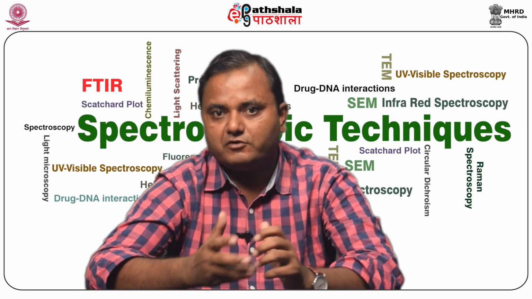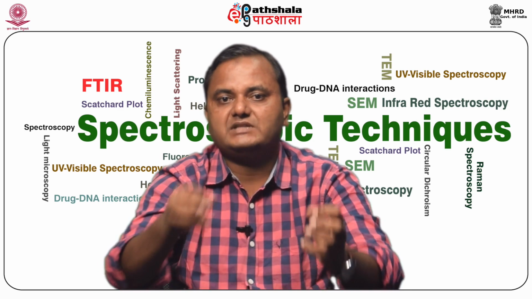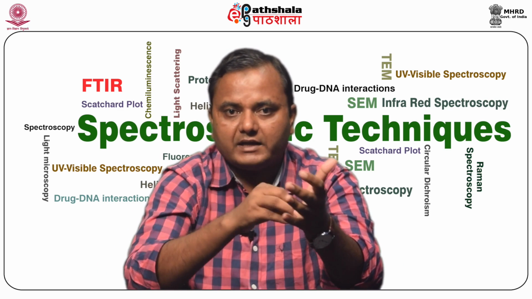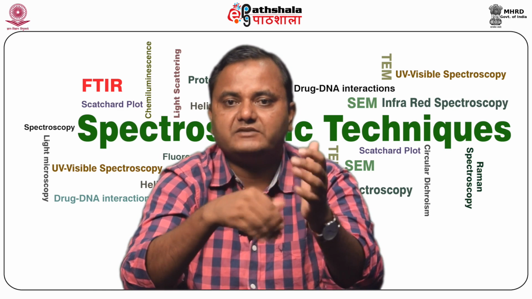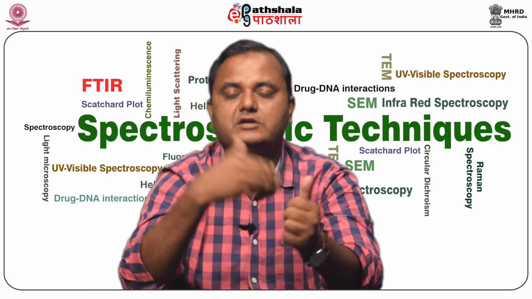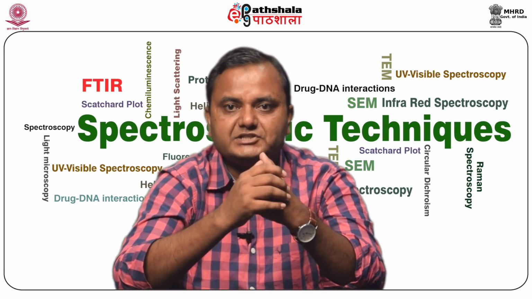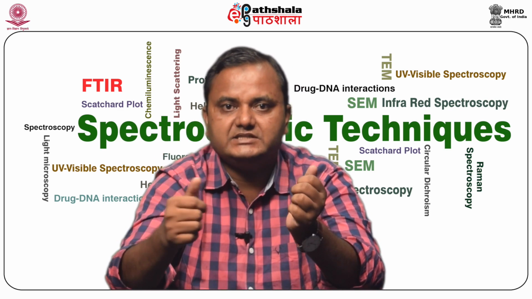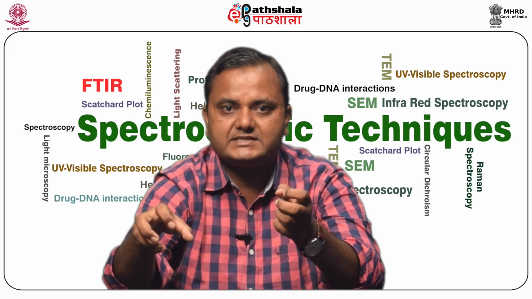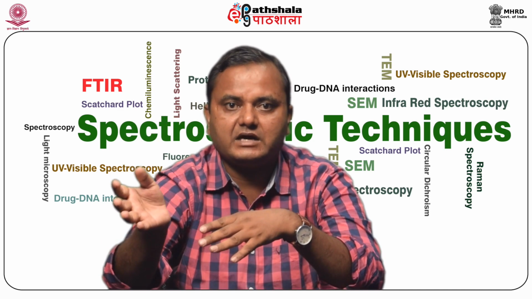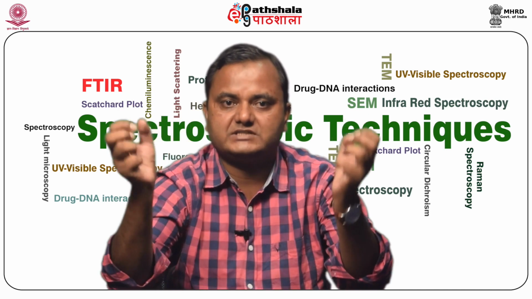The BRET assay involves a protein of interest fused with either a donor molecule such as Renilla luciferase or an acceptor molecule such as green fluorescent protein or enhanced yellow fluorescent protein. So BRET fusion proteins are generated by engineered cDNA from both the protein of interest, and the donor-tagged and acceptor-tagged constructs are co-transfected into the host cell.